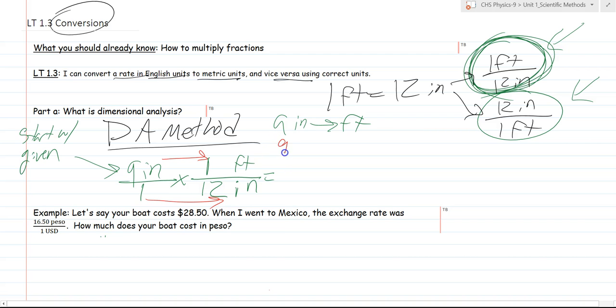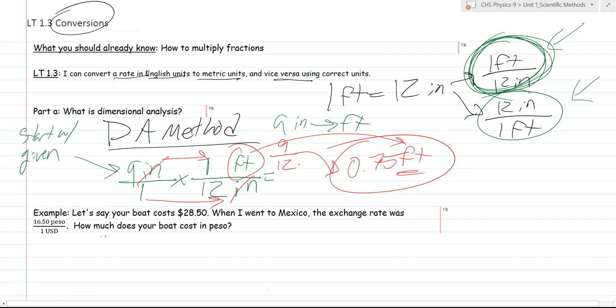So I end up doing 9 divided by 12 to get my answer. I can also cross out inches because it's on the top and the bottom, and I'm left with feet. So now, to get my answer, I would just type in 9 divided by 12, and I get 0.75, but we have to put units on this because we don't want to have a naked number, so I end up with feet here because that's what I have there. So my answer in this case would be 0.75 feet.